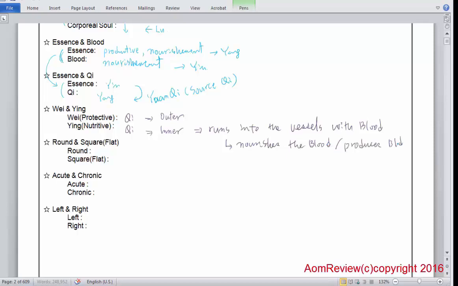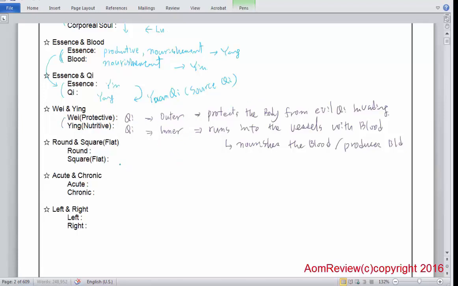But the outer protective qi, the wei qi, works for protection. It protects the body from exogenous evil qi. So it works more on the outside, while the nutritive qi works on the inside. That's why wei qi is more yang type.